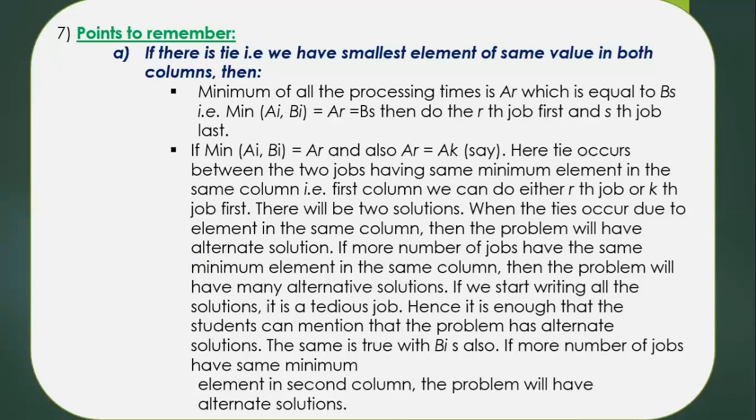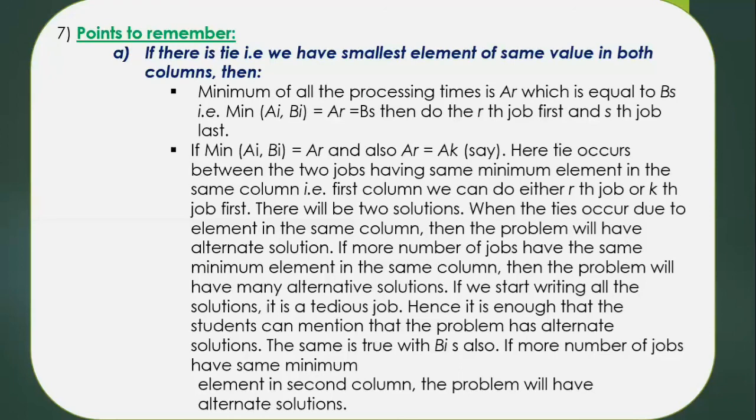There will be two solutions. When the ties occur due to element in the same column, then the problem will have alternate solution. If more number of jobs have the same minimum element in the same column, then the problem will have many alternative solutions. So if we start writing all the solutions, it is a tedious job.